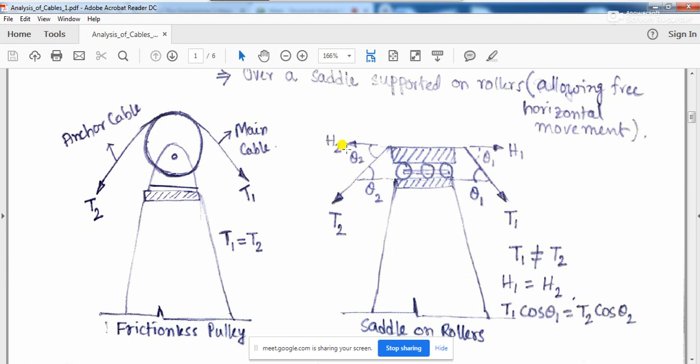So in case of the saddle supported on roller, the horizontal components of the tensile forces on both sides of the saddle, one coming from the main cable and the other coming from the anchor cable, must balance.